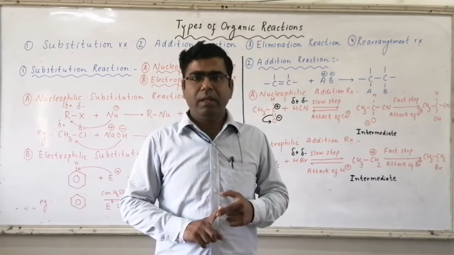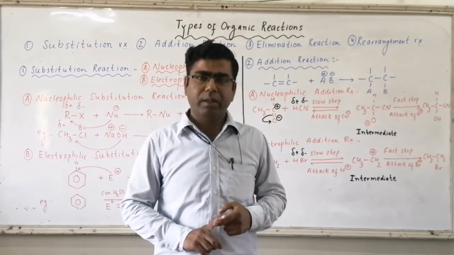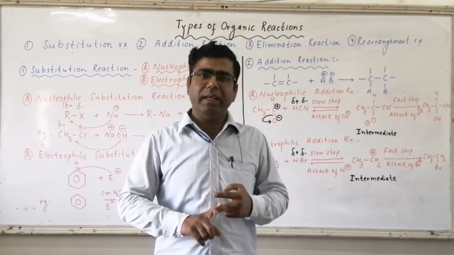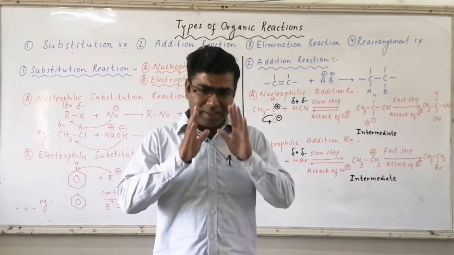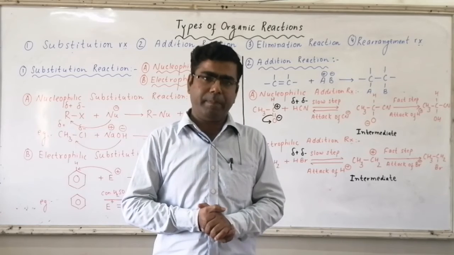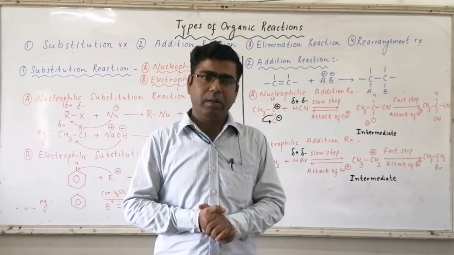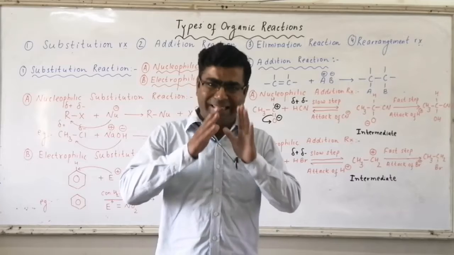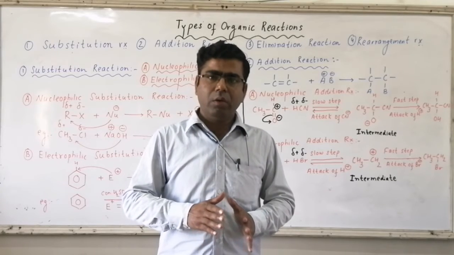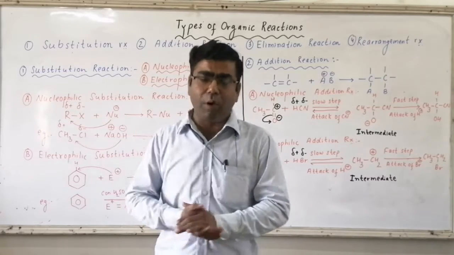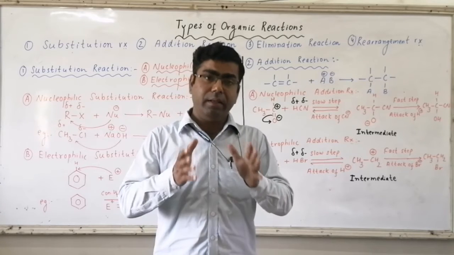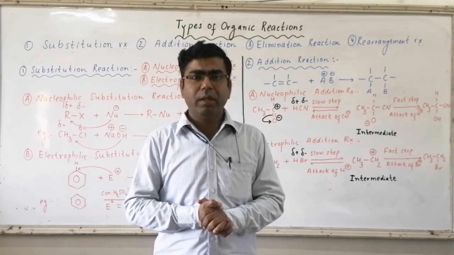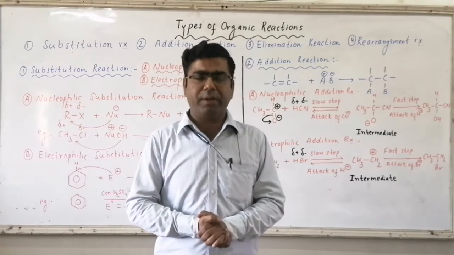Step first is your slow step, and step second is your fast step. If in the first step or the slow step, the electrophile is attacking over the reactant molecule, then the reaction is called electrophilic addition reaction.